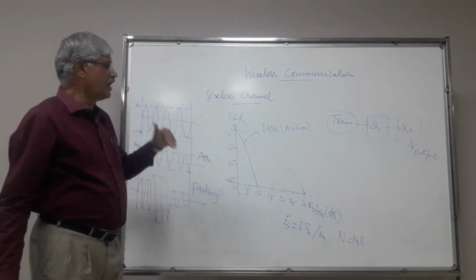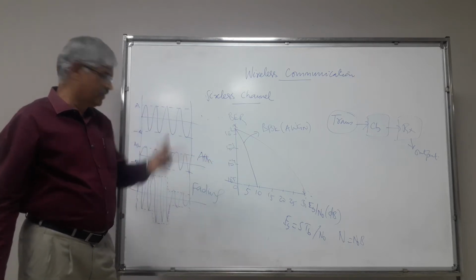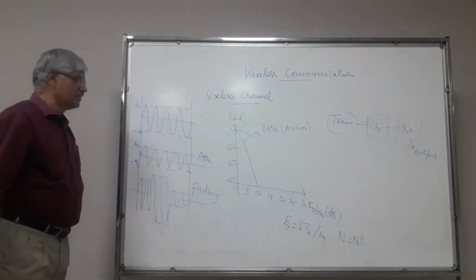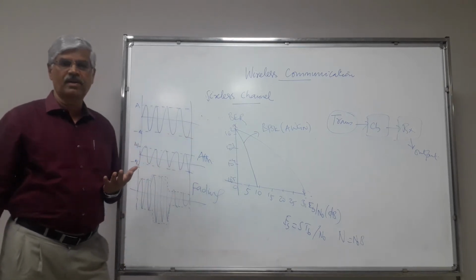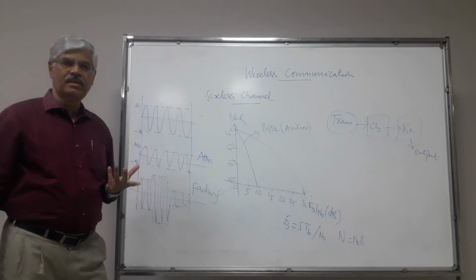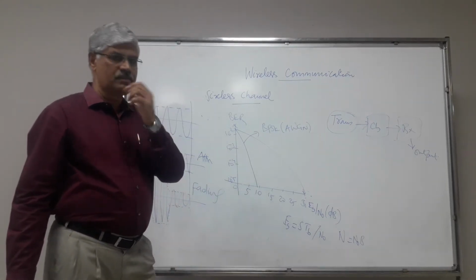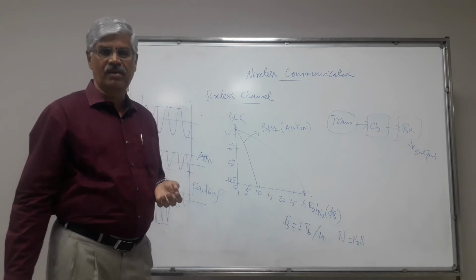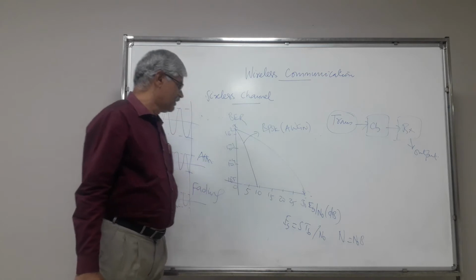It requires very high signal power to be transmitted in order to handle the fading phenomenon, which is not possible. In a mobile communication, you can't indiscriminately increase the power. The transmitters are transmitting only less than a milliwatt of power. So, in that case, it is not possible.